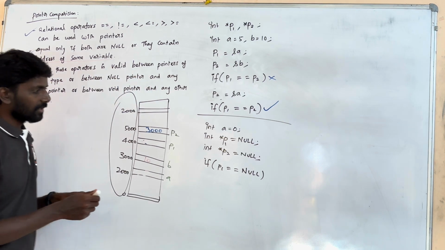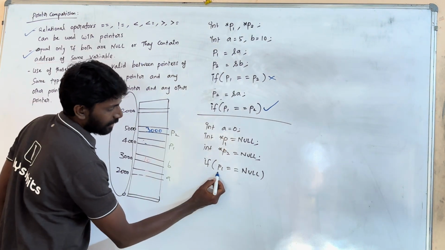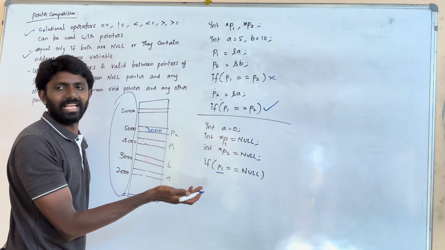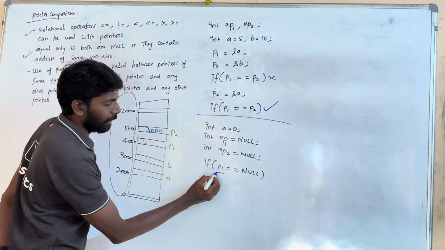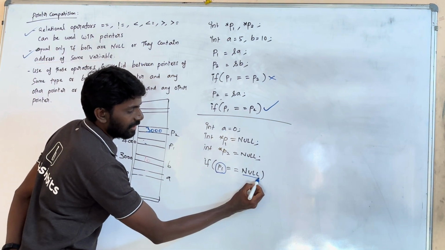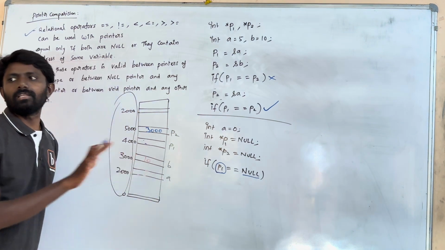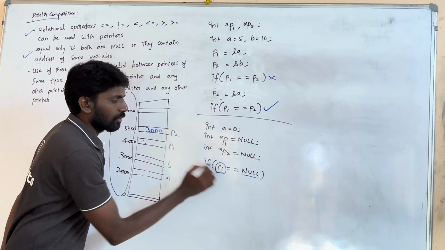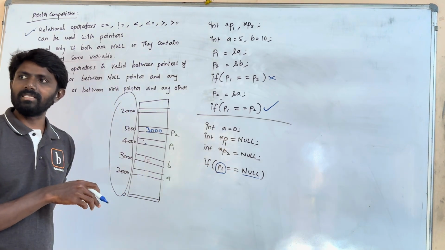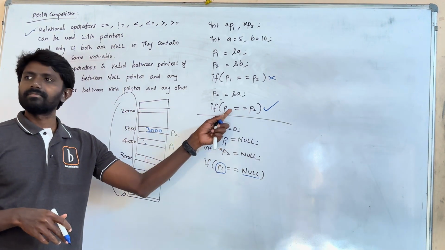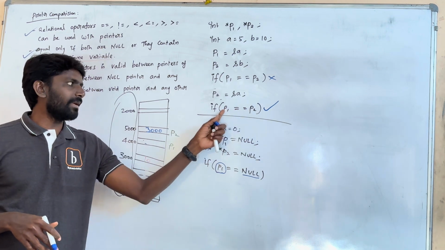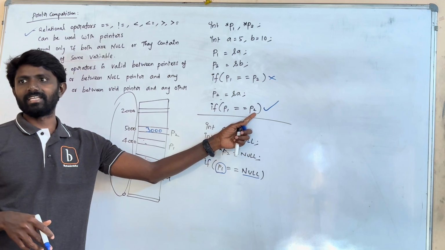It means this p1 can be an integer pointer, a character pointer, a double pointer, any pointer. But on the other side you can have a null pointer. But if in both places you are using a pointer variable, then you want to make sure that both are the same data type.